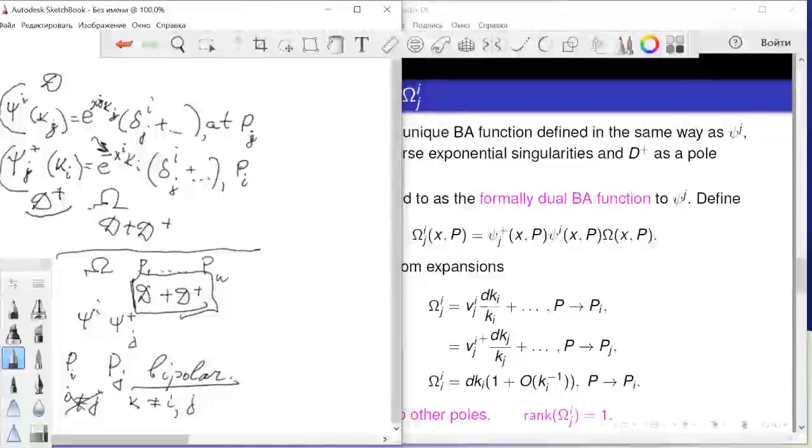We can forget this. If k is not equal to i, j, then we have the following.